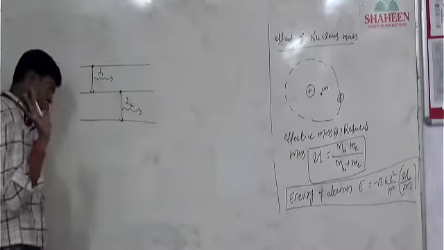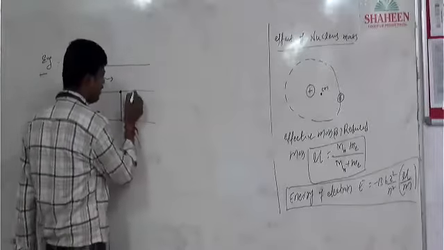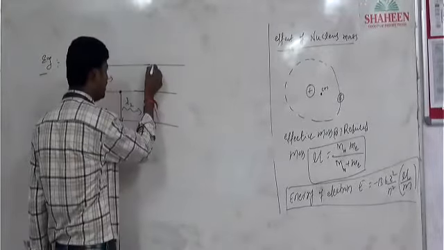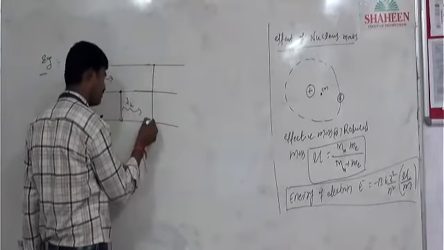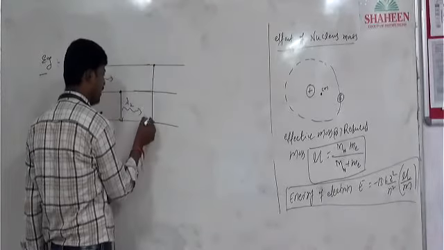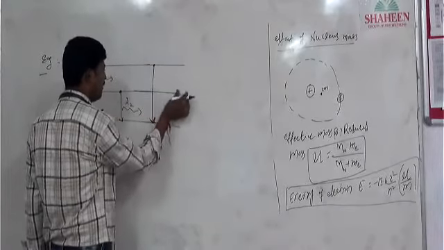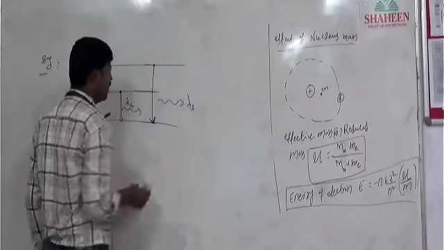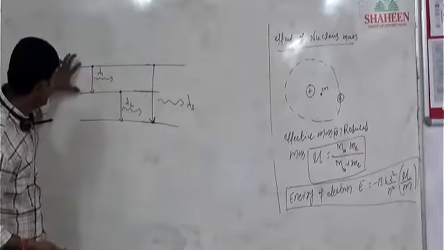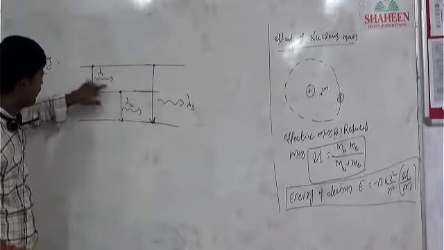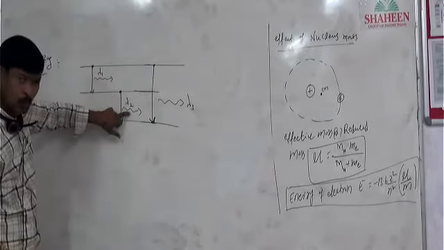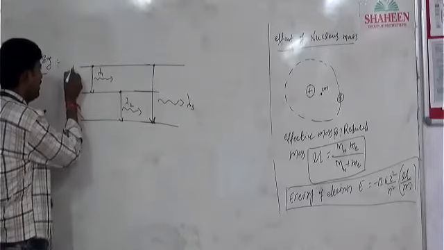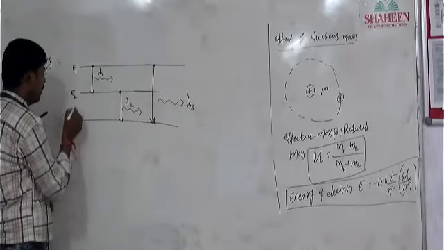Now there is another electron which jumped from this energy level directly to this and released a photon of wavelength lambda 3. Look here. From this energy to this energy level, lambda 1, from this to this, lambda 2. Otherwise, I can take E1, E2 or E3.